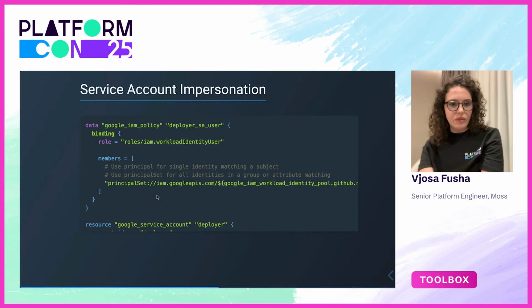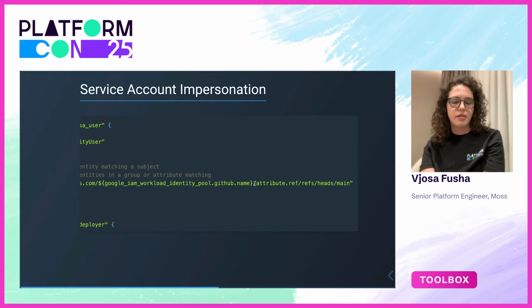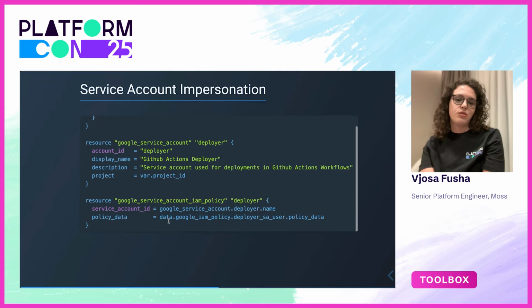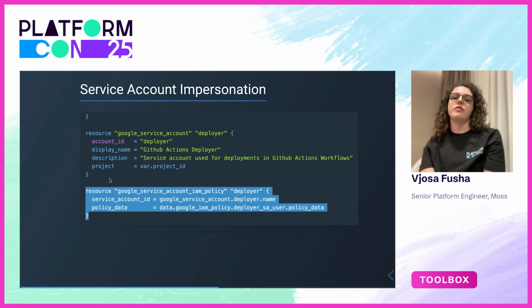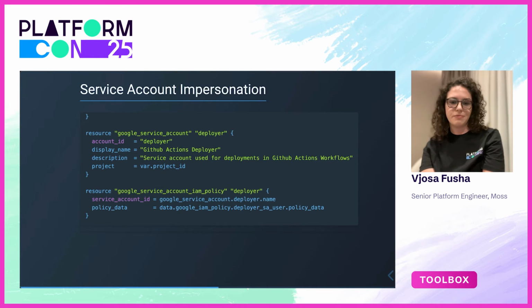In this case, I'm using principal set, and here I'm saying that the attribute should be main branch. Then we need to assign this policy to the service account that we already created.